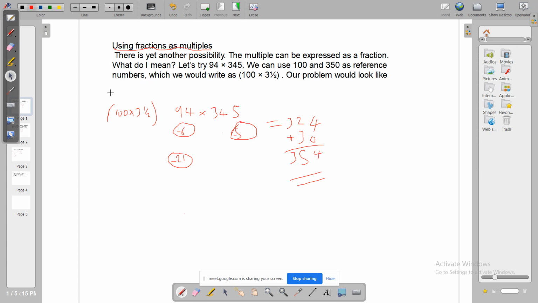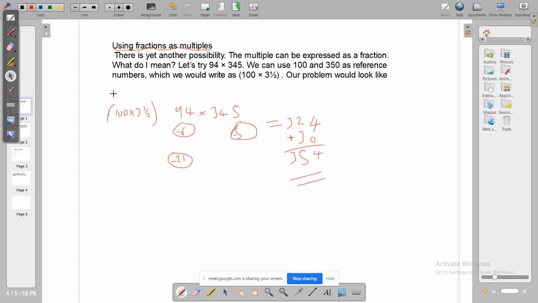So 350 is 3.5. 3 times 100 will give me 300, then half times 100 will also give me 50, making 350.